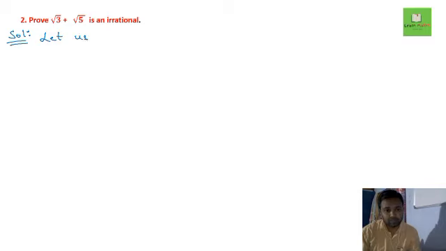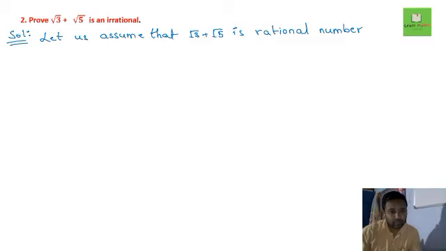The first step is quite common. Let us assume that root 3 plus root 5 is a rational number. If root 3 plus root 5 is a rational number, then it can be written as root 3 plus root 5 is equal to p by q, where p, q belong to integers and q is not equal to 0.